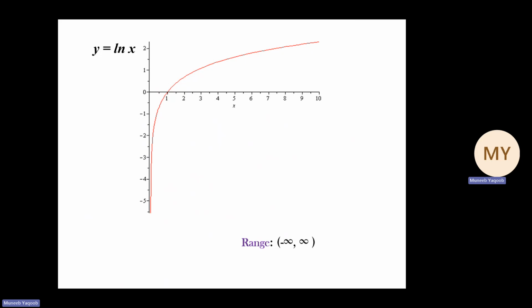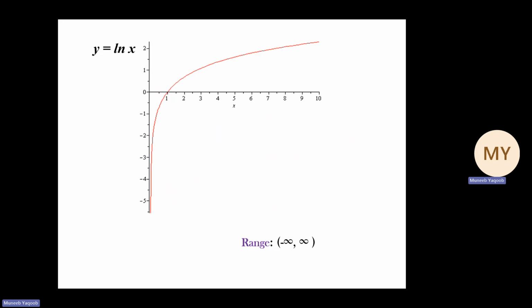Obviously, since e power 0 equals 1, you can see that at x equals 1, y is 0, because ln of 1 means e power 0 is 1. So at x equals 1, ln of 1 is 0. You can confirm it using your calculator.